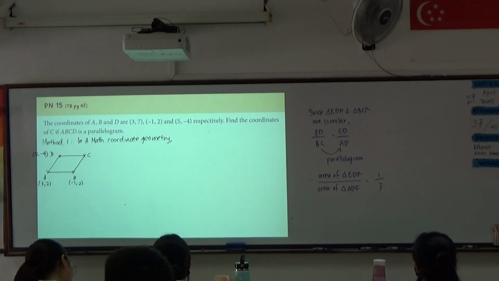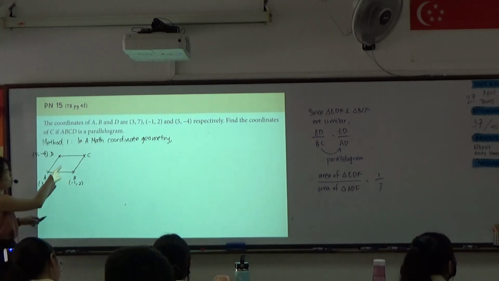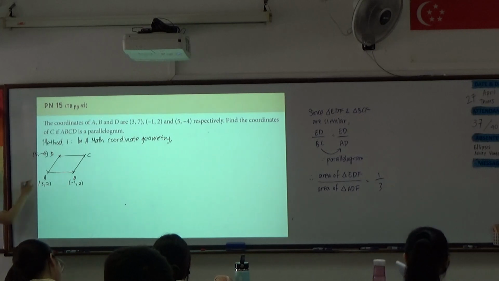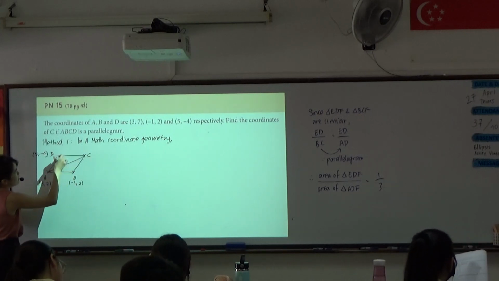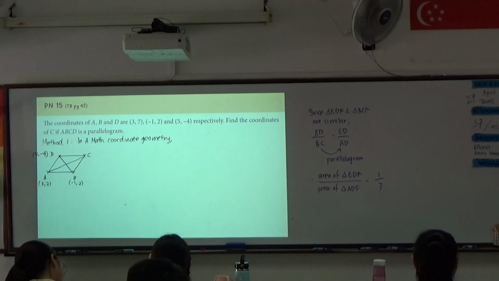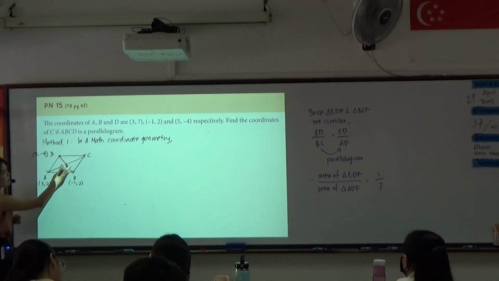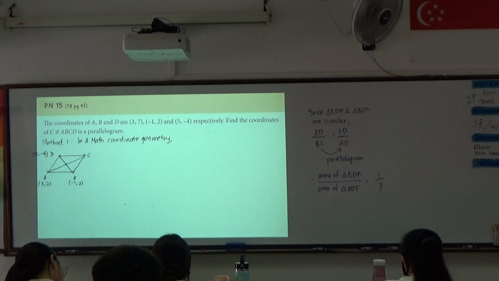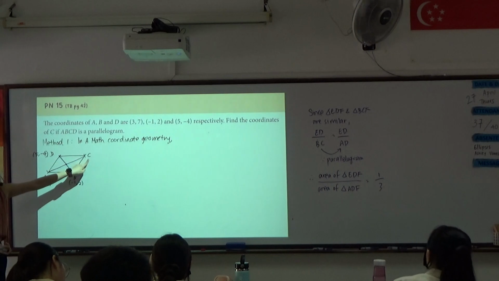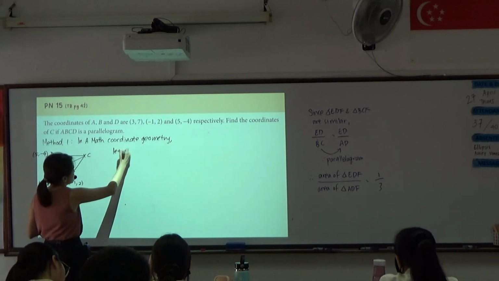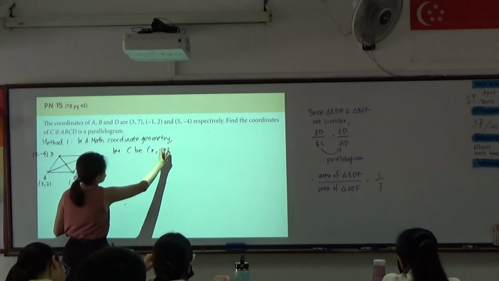What we have learned in our A maths is that, using the property of a parallelogram, the diagonals bisect each other. That means the midpoints of the diagonals are the same. Remember that? So what we would have done in A maths is find the midpoint of the respective diagonals. Since I do not know what C is, I will let C have the coordinates x, y.